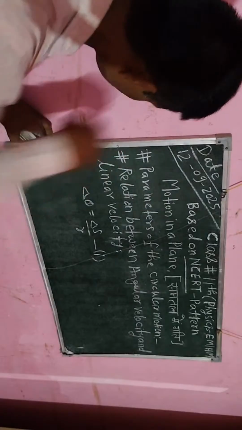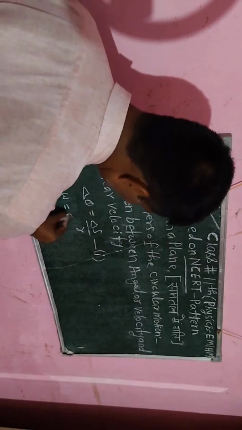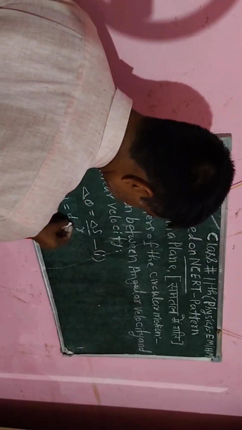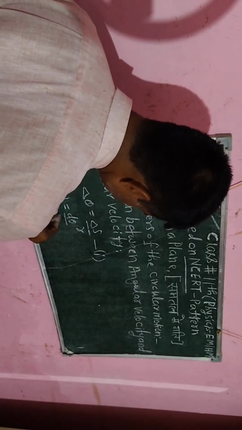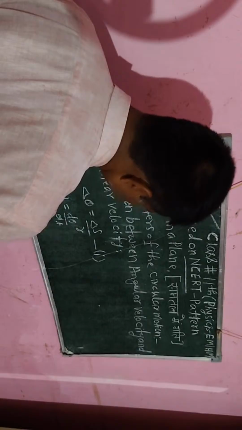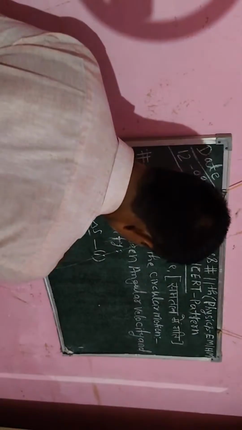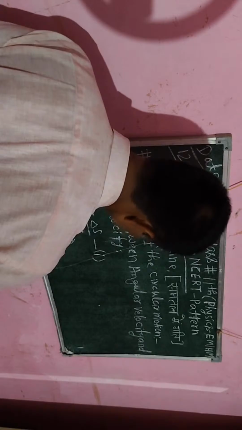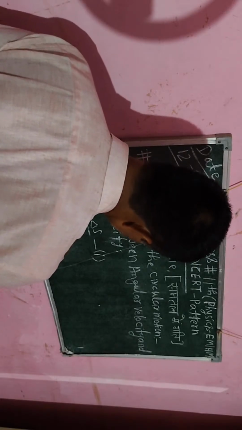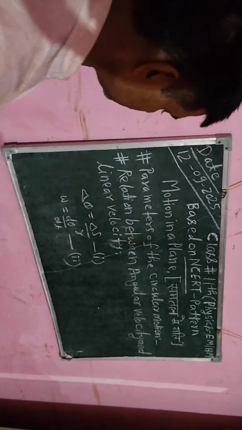Now we also have to write omega equal to d theta divided by dt. This is equation number 2, and I will simplify it.